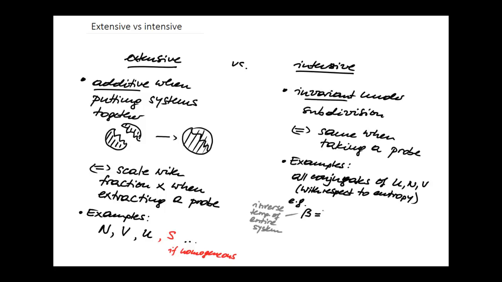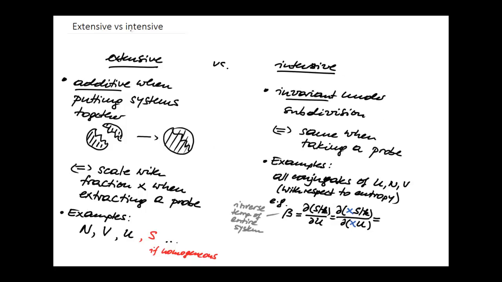I take the partial derivative with respect to the conjugate of beta, which is the internal energy U. It doesn't matter if I insert in both the numerator and the denominator a factor x, which characterizes the fraction of the probe. I can simply insert the x there.